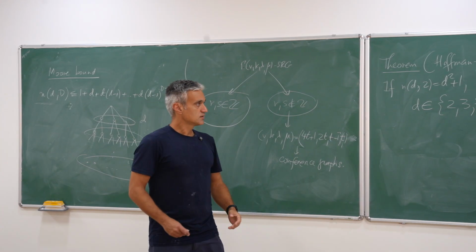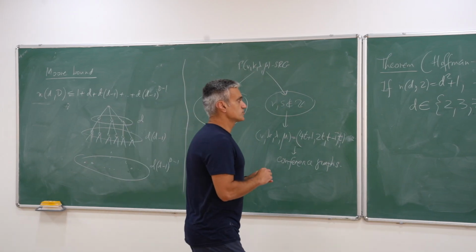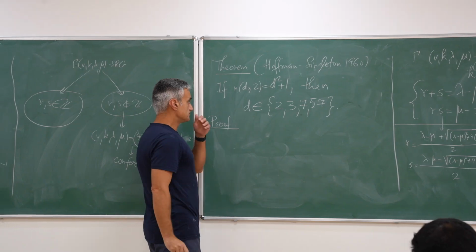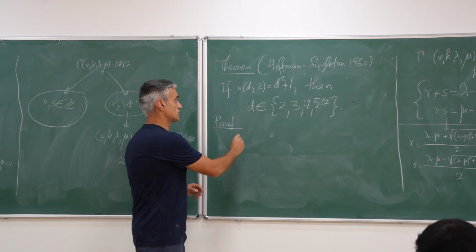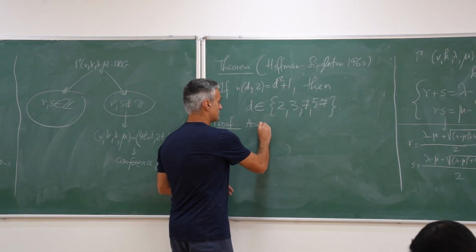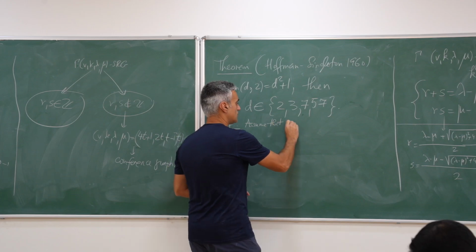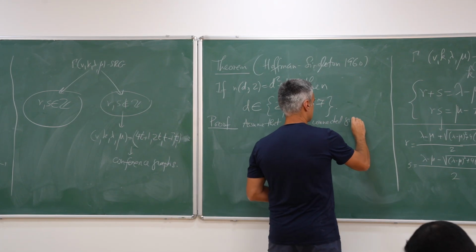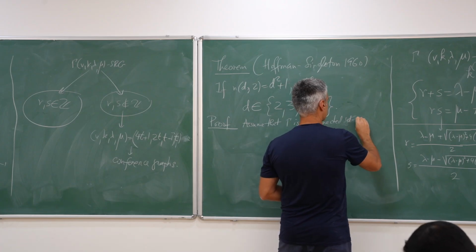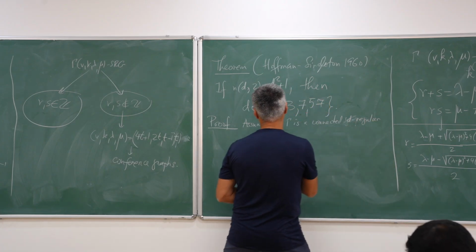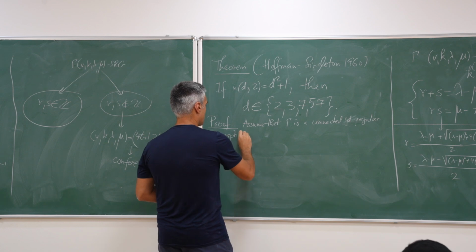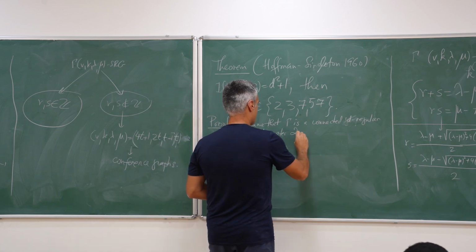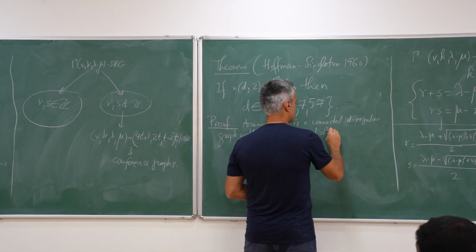All right. Now, if we come back to this problem, let me draw a parallel with what happens here. I claim that, so assume that gamma is a connected d-regular graph with diameter 2 and d squared plus 1 vertices.